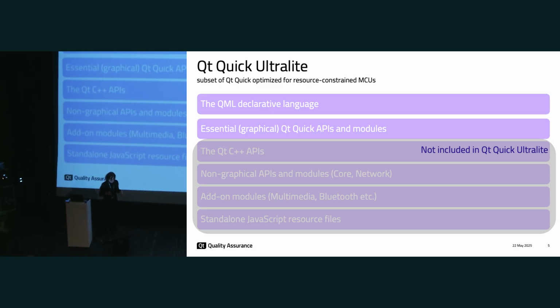There are Qt C++ APIs, non-graphical APIs such as network communication, some add-ons for multimedia, standalone JavaScript, etc. But since we have so little space on the microcontrollers, the engineers of the Qt Company took some of these APIs that were not essential and removed them. And this is, in very simplified form, how Qt Ultralite came to be.